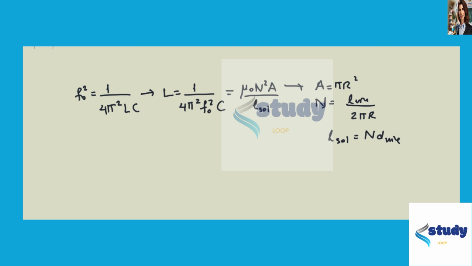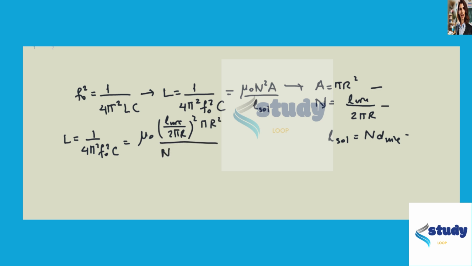All we need to do is plug all these three equations into the inductance equation. So 1 over 4 pi squared F naught squared C equals mu naught times L wire over 2 pi R, squared, because we have n squared here, times pi R squared over n times d wire.